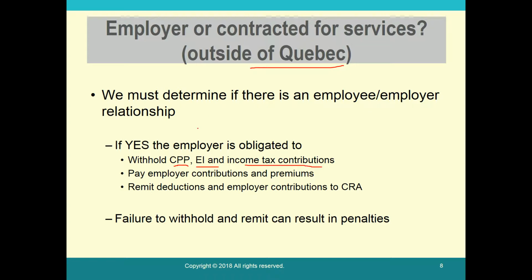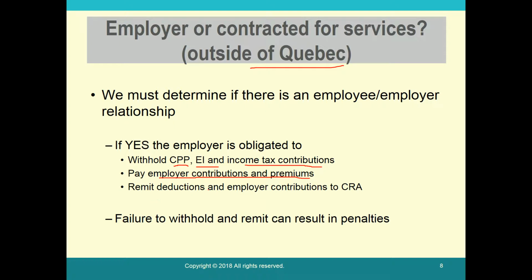We will tell you how and when we have to pay the employer's contribution and premium. If you have an employee, you deduct from the employee's pay, and there is also a contribution of CPP and EI required of the employer. We talk about that later.